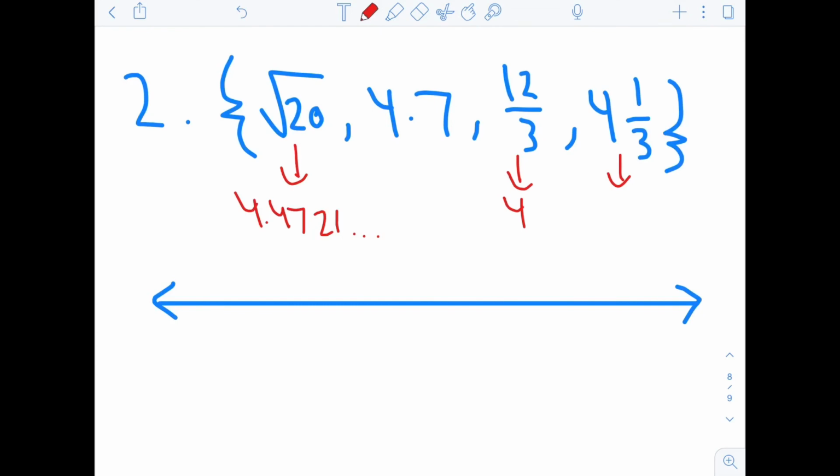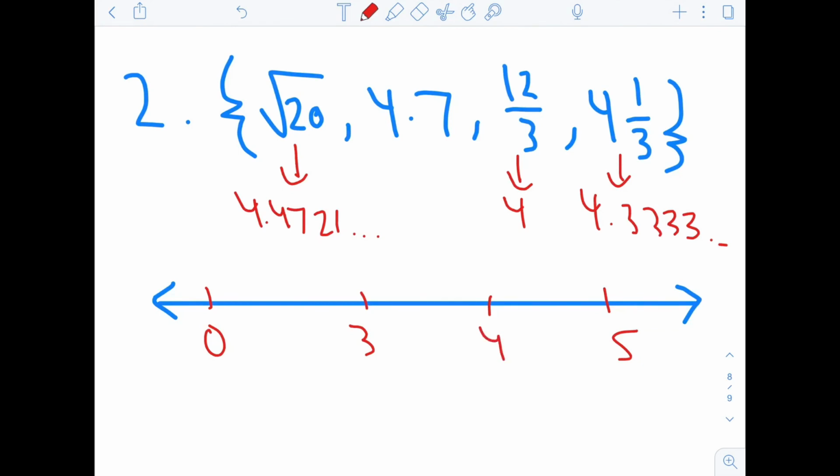And 4 and 1/3, well, 1/3 is 0.3 repeating, so it's just 4.33333. So all these numbers are between 3 and 5. So we have 0 here, 3, and 5. And we'll put 4 in the middle. And by the way, this is not drawn to scale.